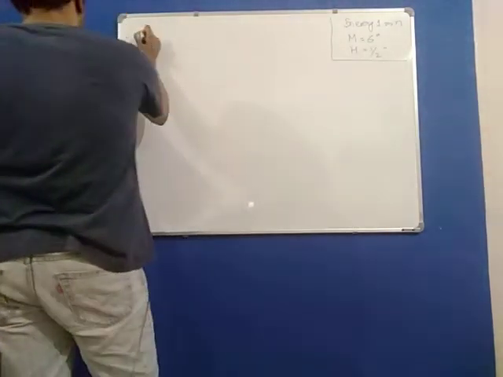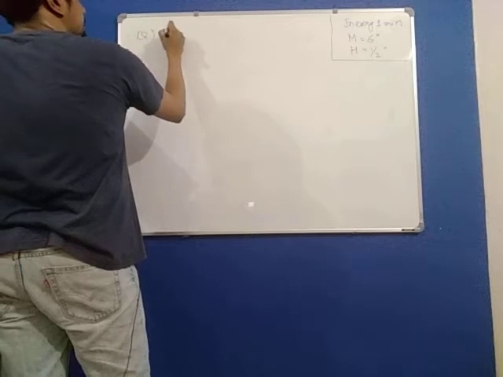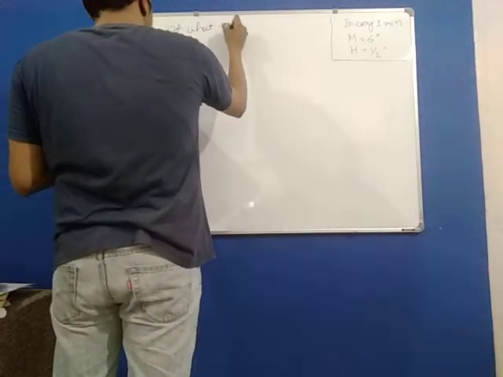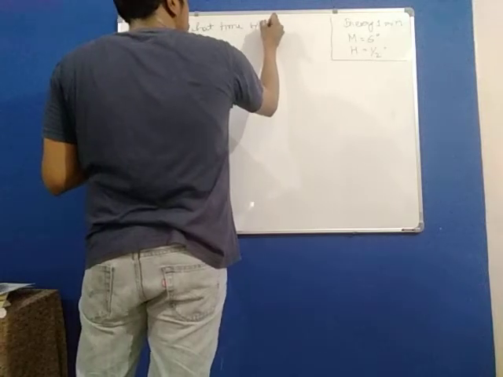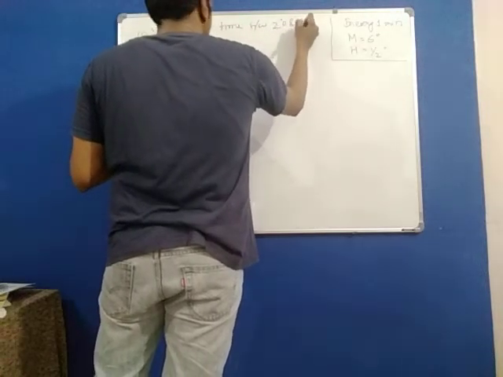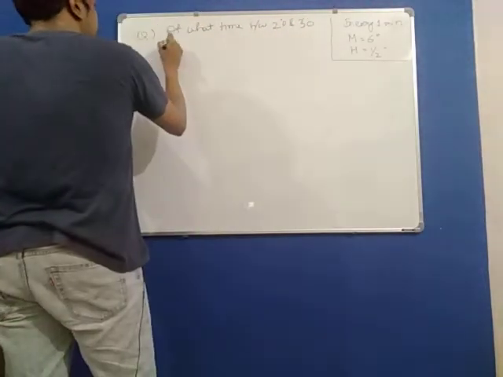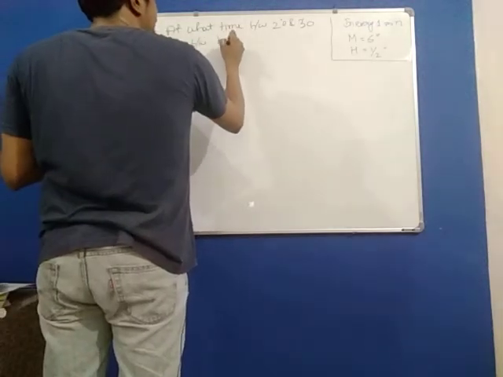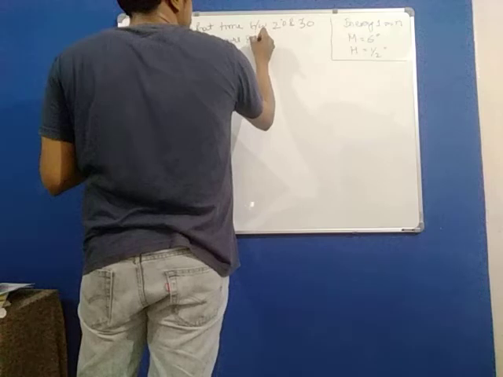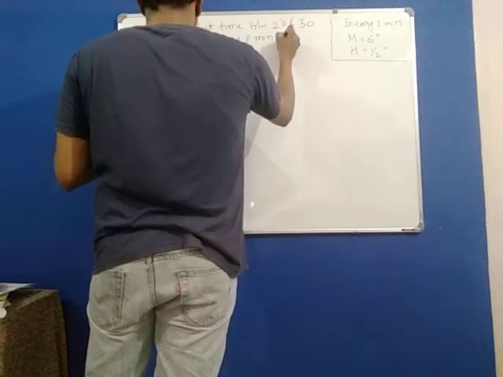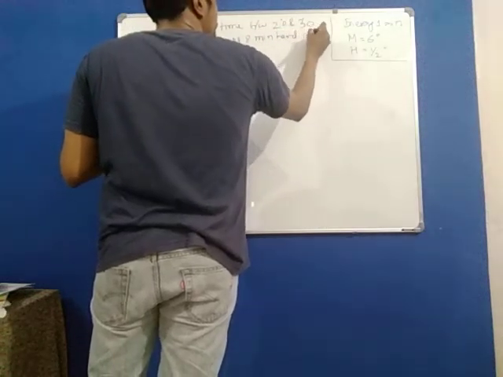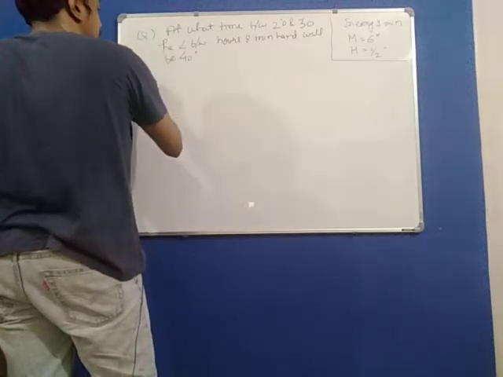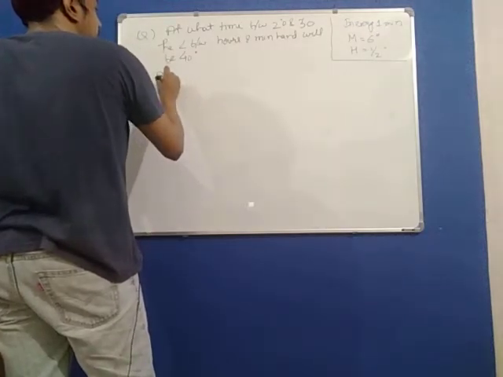So we have to calculate at what time between 2 o'clock and 3 o'clock the angle between the hour's and the minute's hand will be 40 degrees. Now the concept that is to be applied is the same.